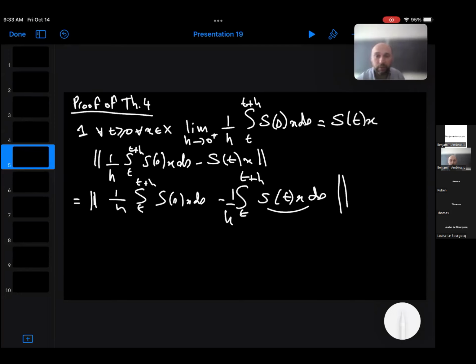This is true because the integral between t and t plus h of the identity applied to x, well, it's a constant.